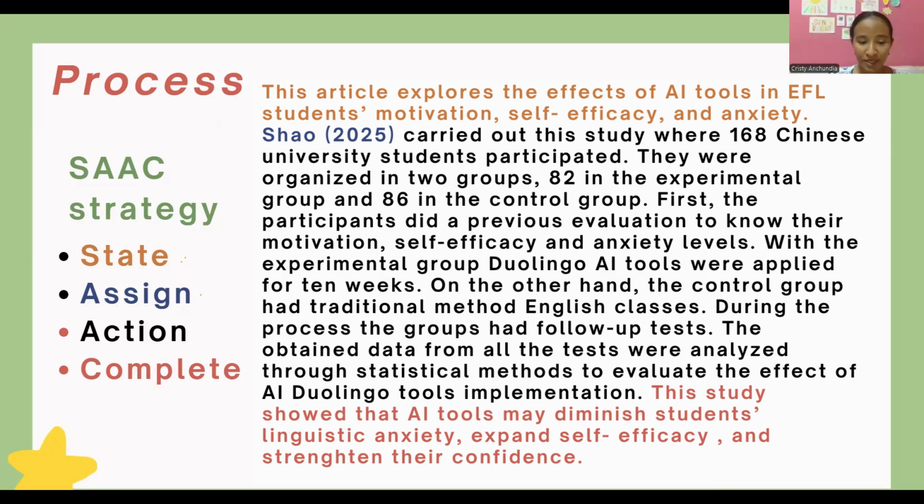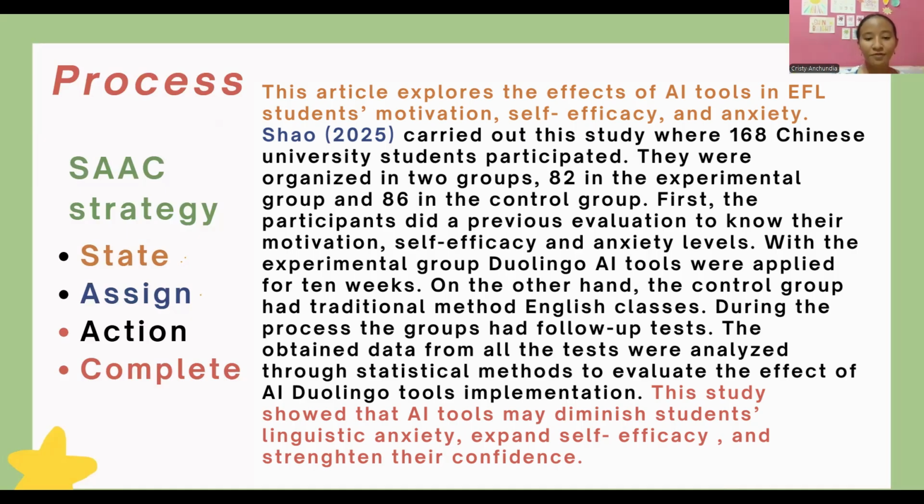First, the participants did a previous evaluation to know their motivation, self-efficacy, and anxiety levels. With the experimental group, Duolingo AI tools were applied for 10 weeks. On the other hand, the control group had traditional method English classes. During the process, the groups had follow-up tests.